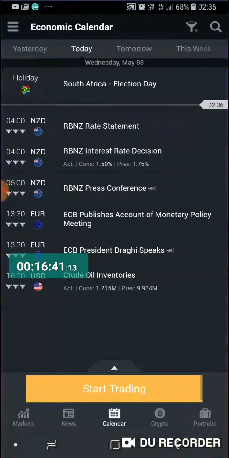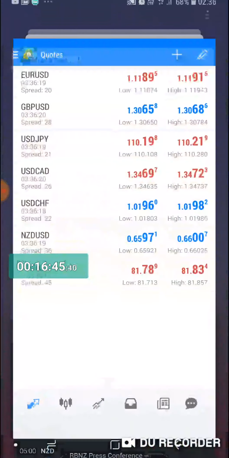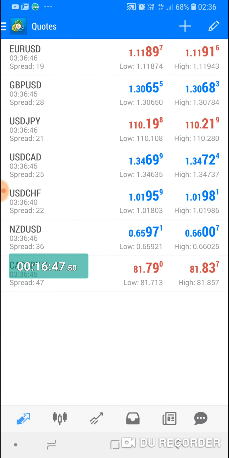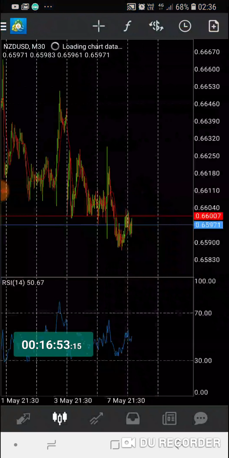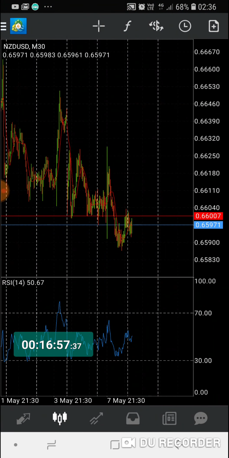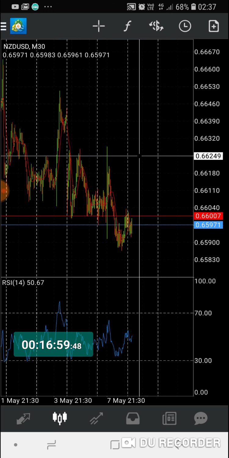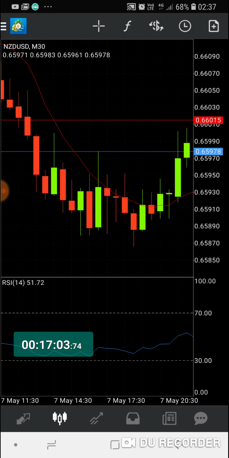So let's just assume that now we are trading the interest rate at 4 a.m. in the morning. A minute before, meaning at 03:59, that's when I need to come and open NZD USD. NZD USD, M30 time frame. Just confirming the time frame.